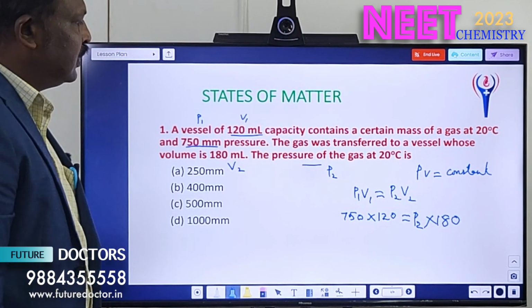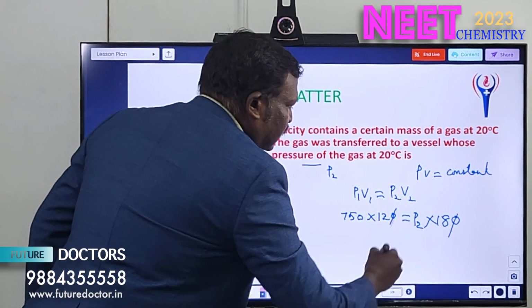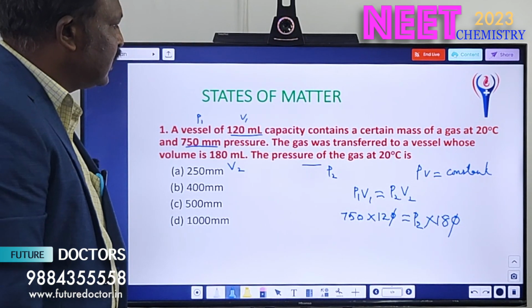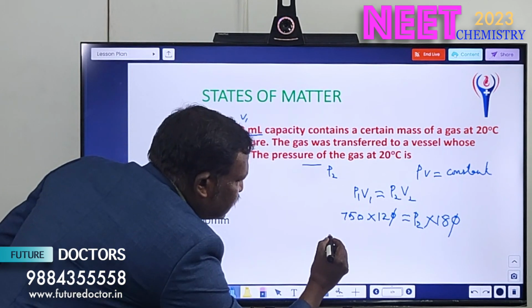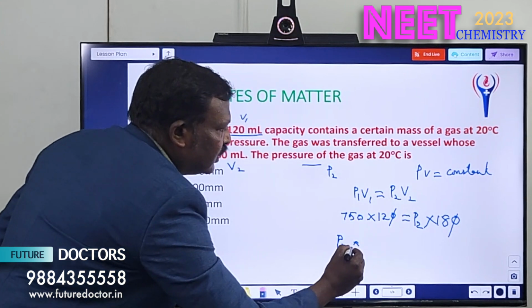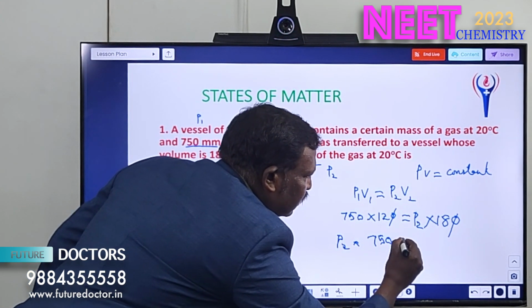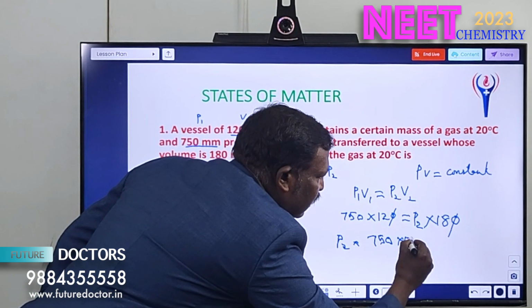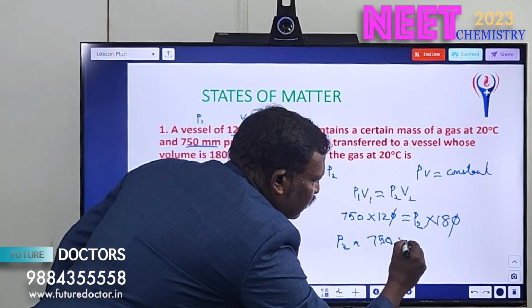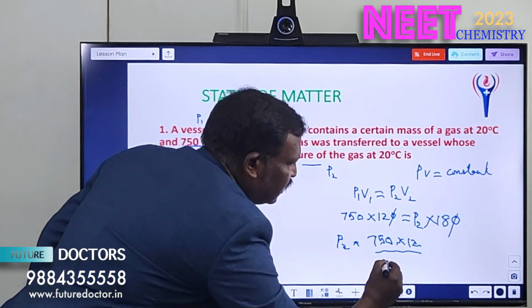Simply, how to simplify: here, this 0 gets cancelled. Then, therefore, P2 is equal to 750 into 12 divided by 180.